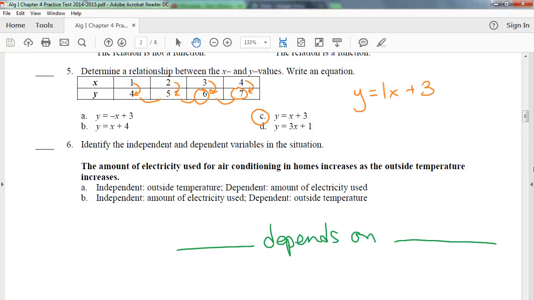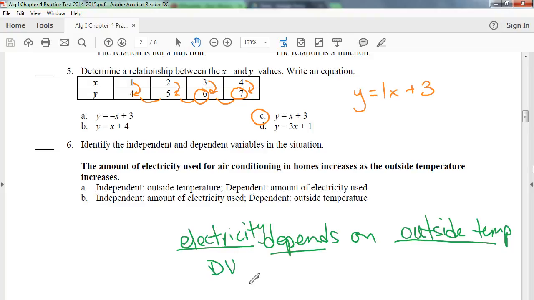Does the amount of electricity we use depend on the outside temperature, or does the outside temperature depend on the amount of electricity we use? I don't think we have that much control over the weather. The amount of electricity depends on the temperature outside. And since it depends, this is the DV, and this would be then the IV. So that's option A.